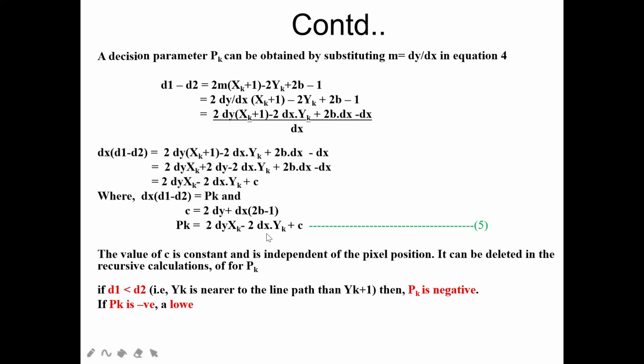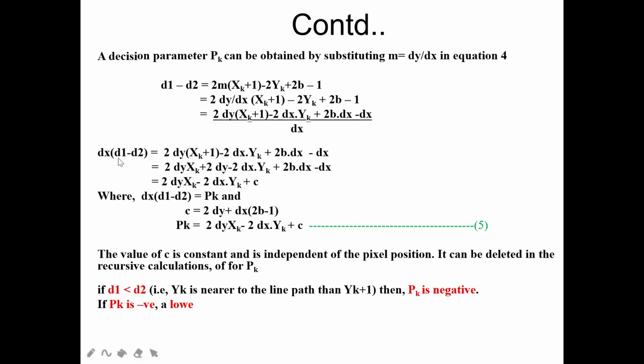Now, as I have told you, we have to take the decision parameter pk. So now we are going to replace this value with xk and yk, whatever we got. Here, which one will be your pk value? We are going to replace this equation.